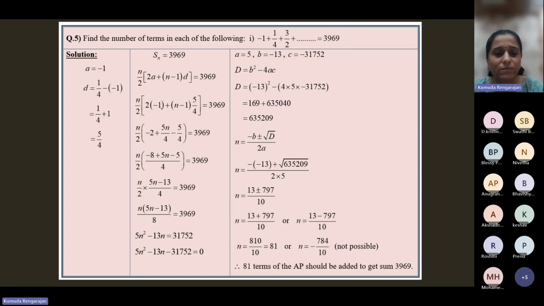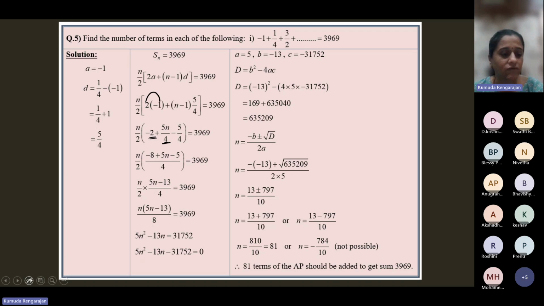And about the solving part after substituting, children, please listen. So 2 into -1 is -2. 5 by 4 into n minus 1: 5 by 4 into n is 5n by 4, then 5 by 4 into -1, minus 5 by 4.